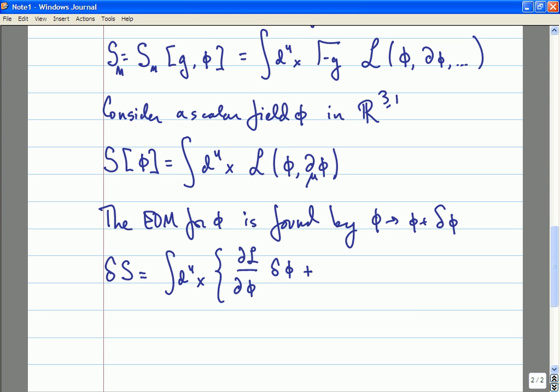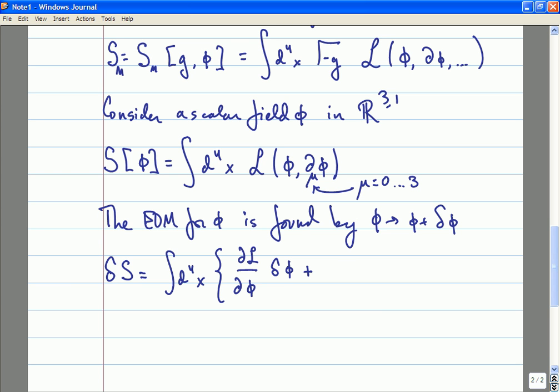And you also have to add to that the variation of the Lagrangian due to its dependence on the derivative of phi. There are four possible derivatives of phi, where the index mu runs from 0 up to 3. So there are four possible terms that describe the variation of the Lagrangian due to the variation of the derivatives of phi.